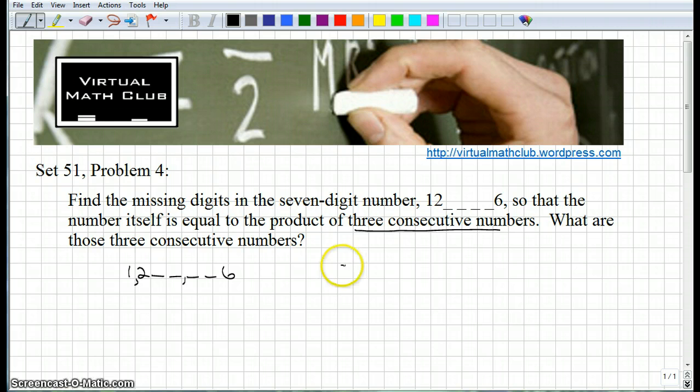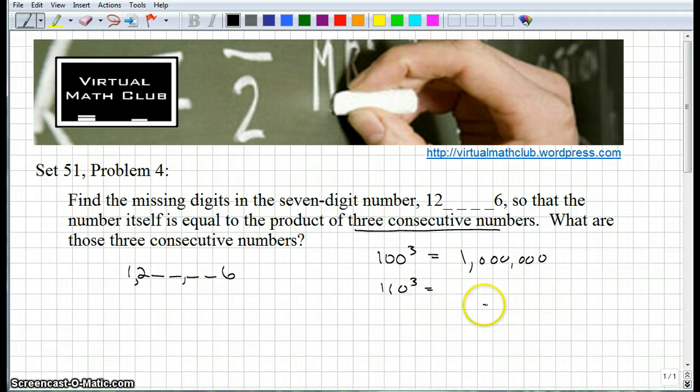What could they be? Well, when you're multiplying 3 consecutive numbers, that's going to be pretty close to a cube. So 100 cubed is equal to 1,000,000, right? And I can also look at 110 cubed.